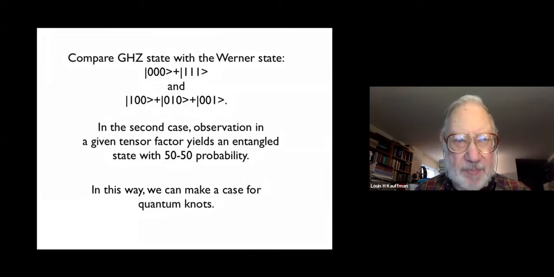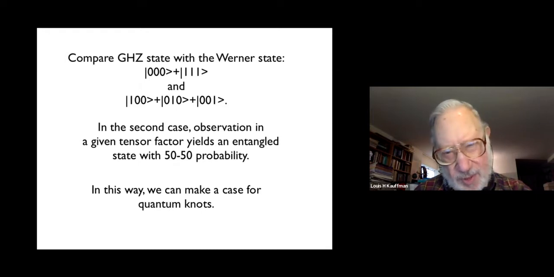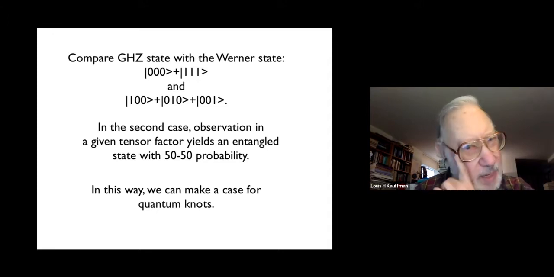For example, here is a nice state, the second one in the third line there, called the Werner state. And you see the Werner state is 1 tensor 0 tensor 0 plus 0 tensor 1 tensor 0 plus 0 tensor 0 tensor 1.